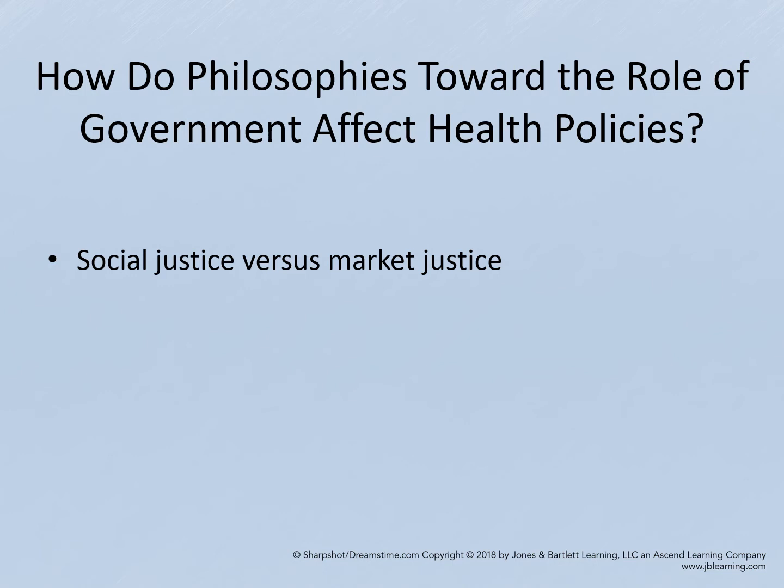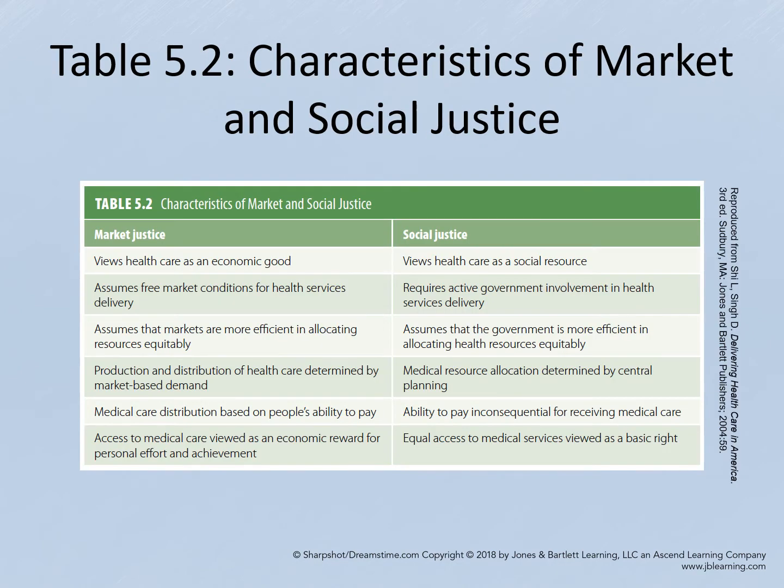Let's look at the characteristics of market and social justice and the implications of these two different philosophies. The social justice approach views equitable distribution of health as a social responsibility, whereas the market justice approach emphasizes individual responsibility for health. Let's look at the contrasting characteristics.